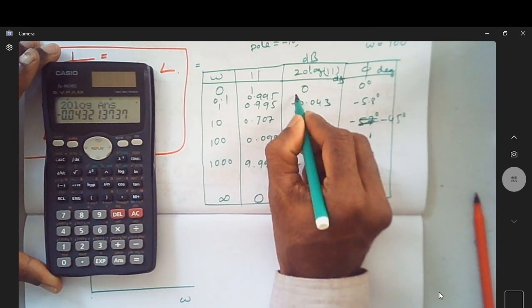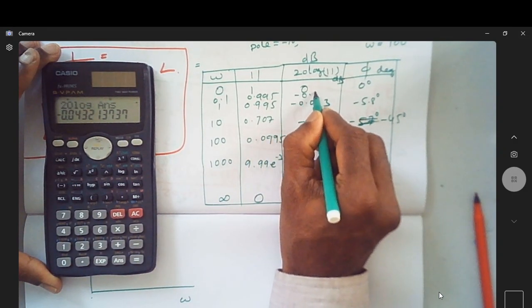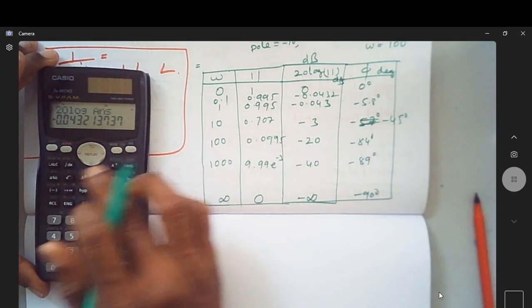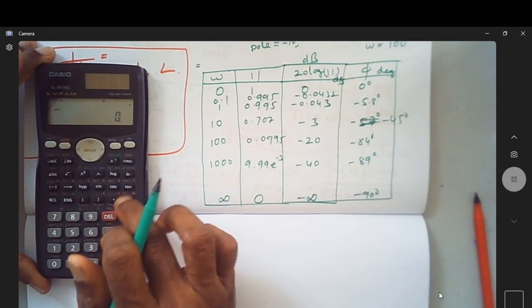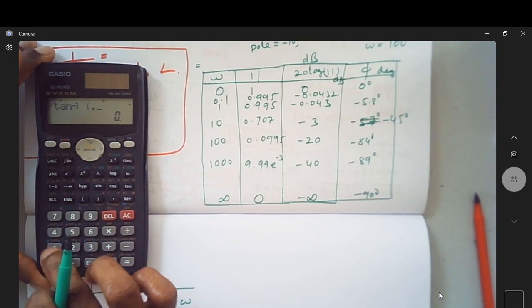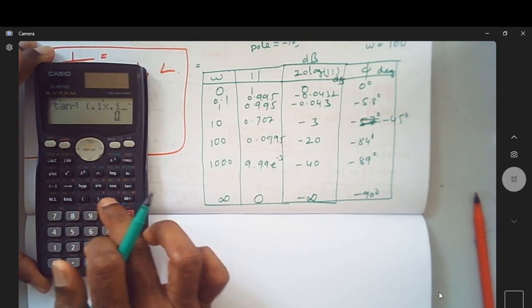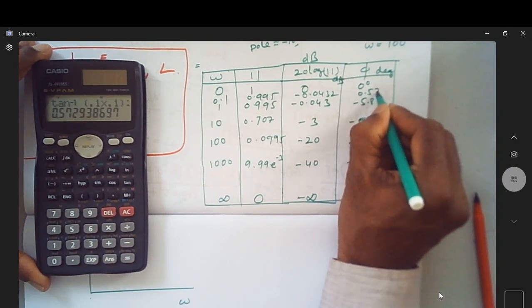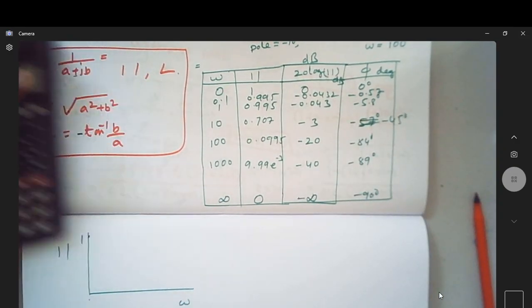Can you see it is minus 0.0432? Of course, phase angle you can find out. Tan inverse of 0.1 multiplied by 0.1. The phase angle is 0.57 degree, which is minus.